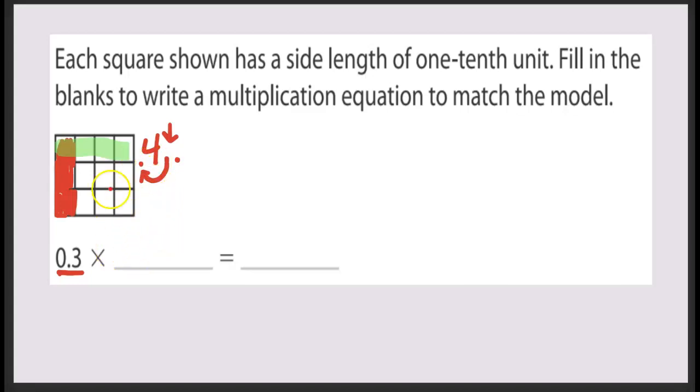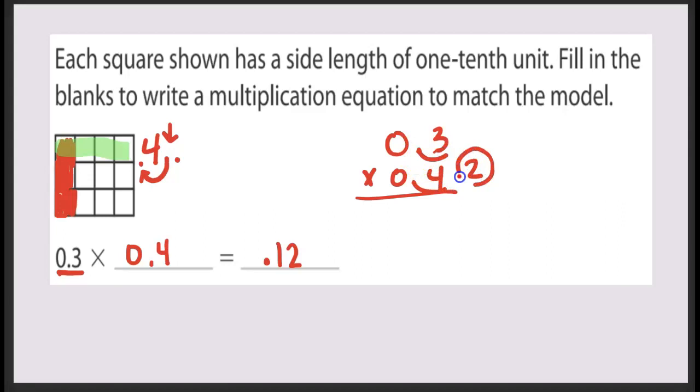So really, our multiplication problem is 0.3 or 3/10 times 0.4 or 4/10, and we know that that equals 12 hundredths. And we know that because if we did the standard algorithm, 0.3 times 0.4, that's 2 decimal moves. 4 times 3 is 12. Here's my decimal. I have to move it 1, 2 places to the left, so my answer is 12 hundredths. Okay. All right. Hope that makes sense.